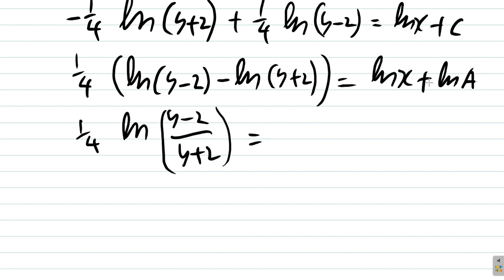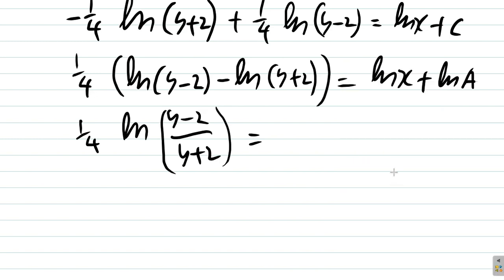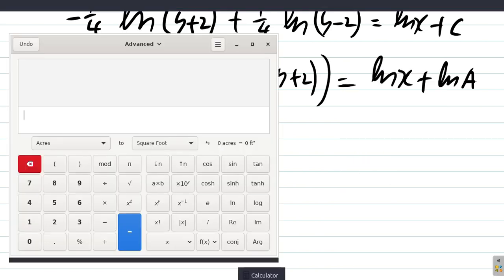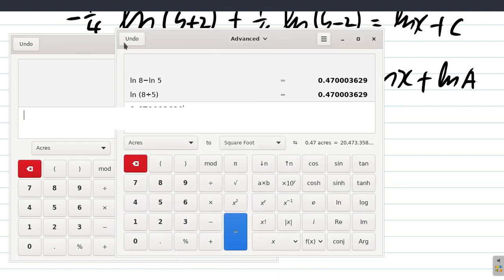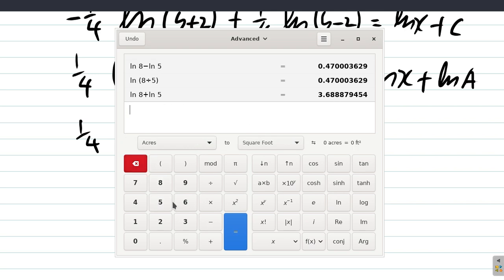Now here, ln x plus ln a. In this case, you have an addition, and we have another part of that rule of logarithms to remember. If you have, for example, ln 8 plus ln 5, you get 3.688 something. 8 times 5 is 40, so that is ln 40.